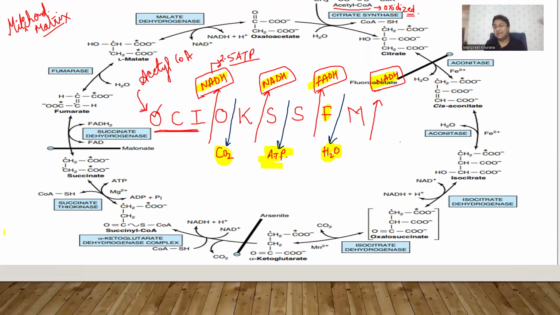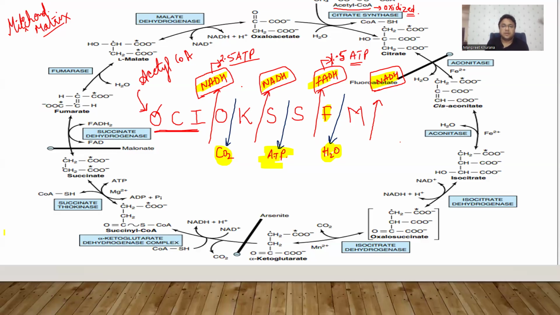We have to use the exact numbers because whatever questions are nowadays coming in the exam, they will use the new energetics. The old energetics are no longer used. So keep in mind that one NADH gives rise to 2.5 and one FADH gives rise to 1.5 ATP. This is a very important concept to understand and the newer concept, right?